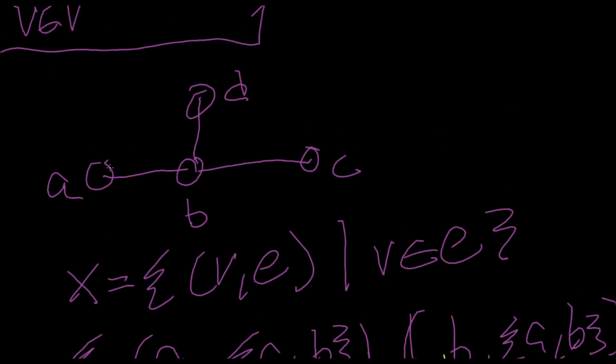So A is connected to one edge, B is connected to 3 different edges, C is connected to one edge, and D is connected to one edge.